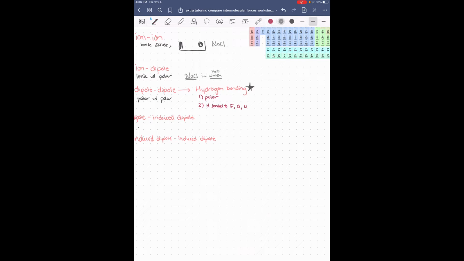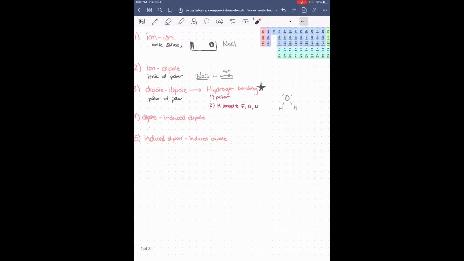So an example would be water again, because if I drew it out, it would look like this. Here we have a polar molecule. We know that because of the lone pair on the central atom, so it's polar, and then it's hydrogen bonded to an oxygen. Hydrogen bonded to an oxygen, that's one of our freaks of nature. So this is hydrogen bonding, smiley face.